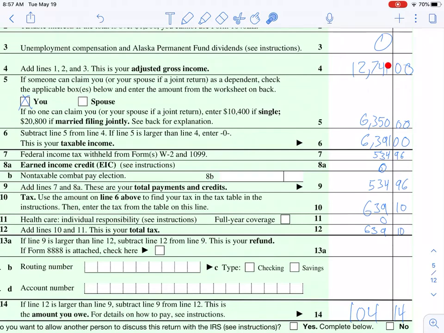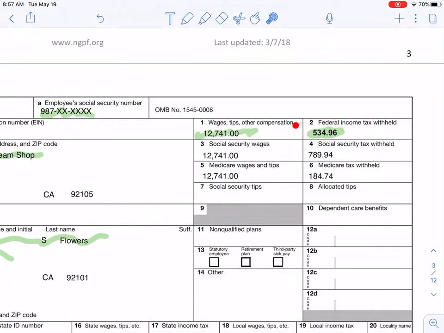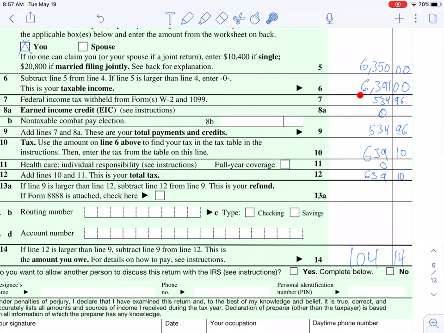Okay, so federal income tax withheld. So again, here's what she made. This was her standard deduction, and she could increase the amount that she's taking out from what she owes in taxes with other deductions. Okay. We're looking up here. Here's the income tax that was withheld throughout the year from her paycheck, $534.96. So that was the money that every paycheck, there's a little bit taken out, withheld from her paycheck and sent to just kind of be waiting to pay for whatever taxes she owes.